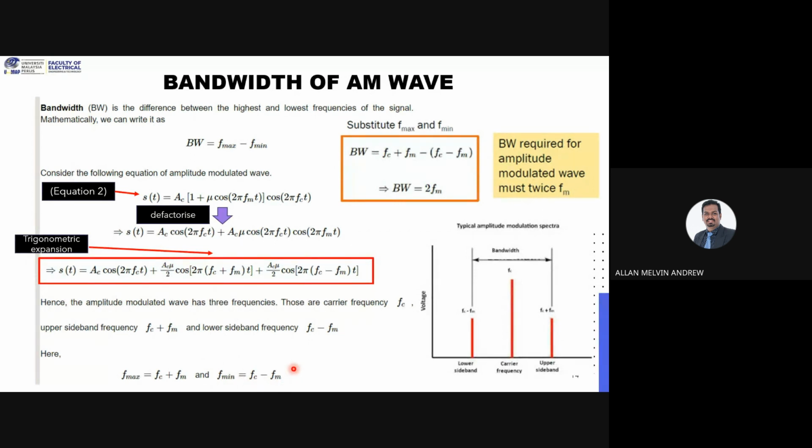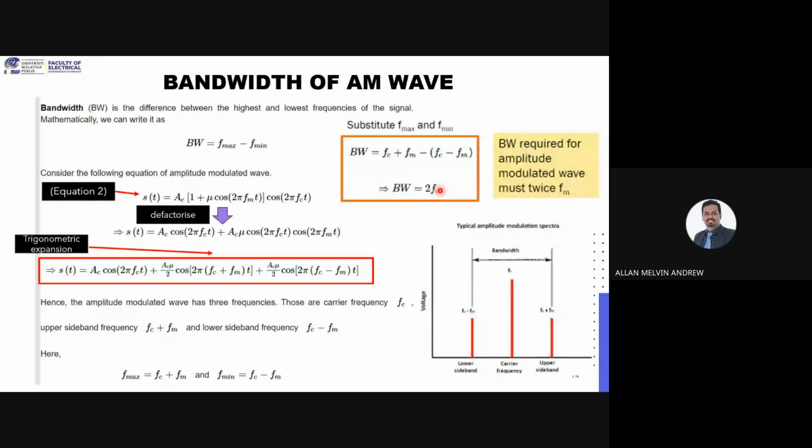Now we replace these values inside this equation: f max is fc plus fm, minus f min, which is fc minus fm. You solve it, and you will get bandwidth equals 2 times the modulating frequency.